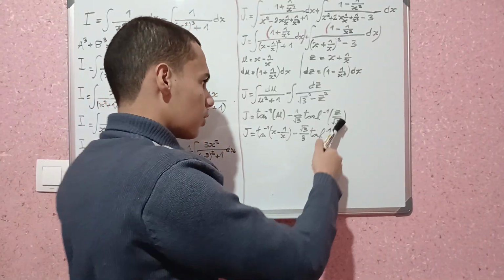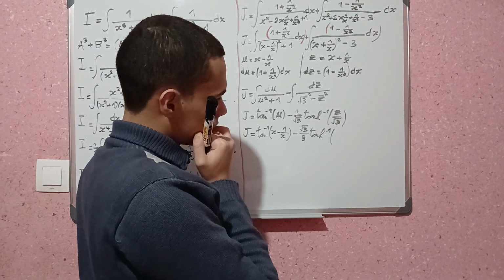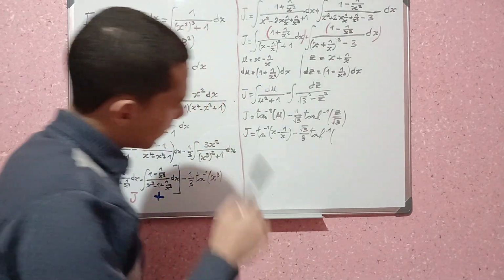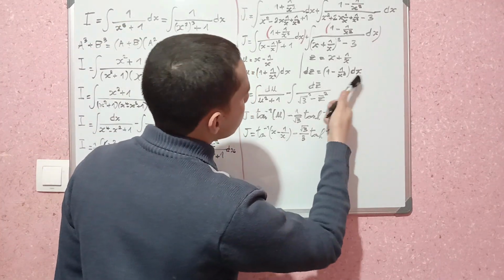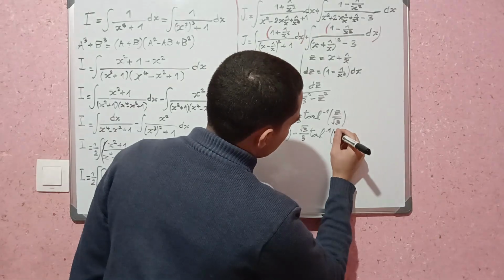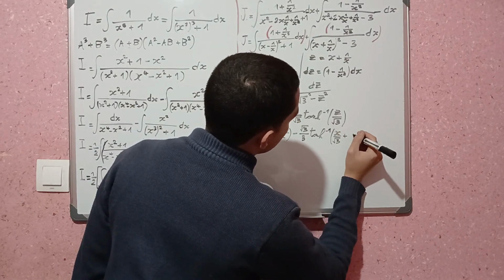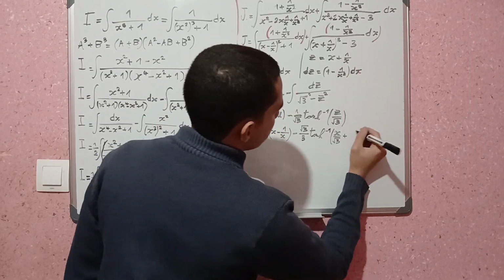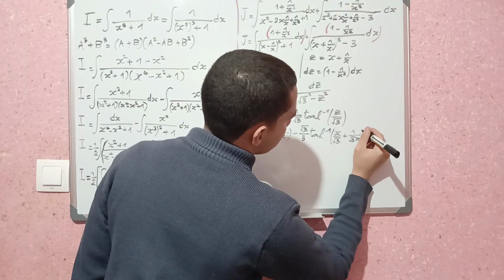Of z over square root of 3, which is the same as x over square root of 3 plus 1 over square root of 3x, like that.